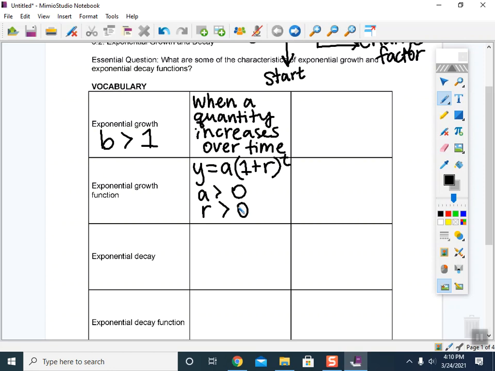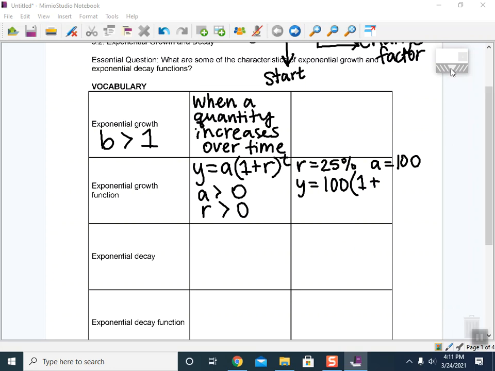Okay, so let's just say, for example, that our rate of change is 25%, and my starting value is $100. If I'm using this equation, I would say, well, y is going to equal, starting with $100 times (1 plus 25% as a decimal, which is 0.25), and then I'm raising that to the t power.